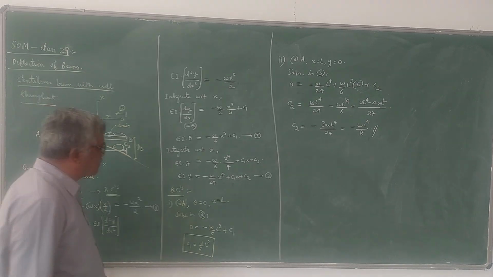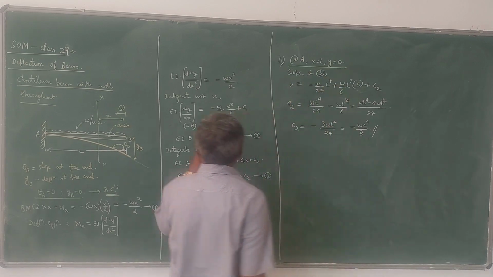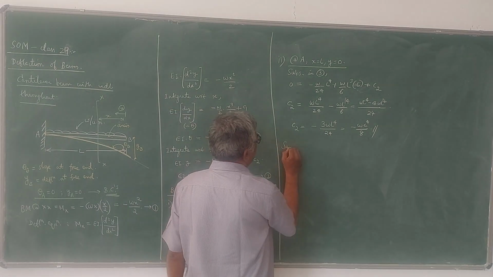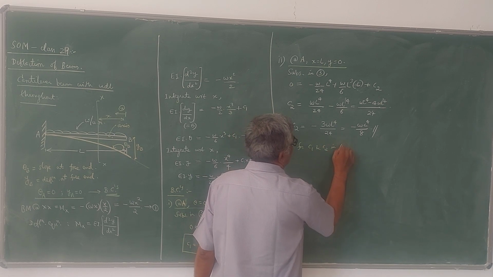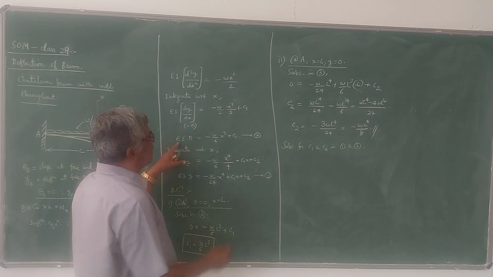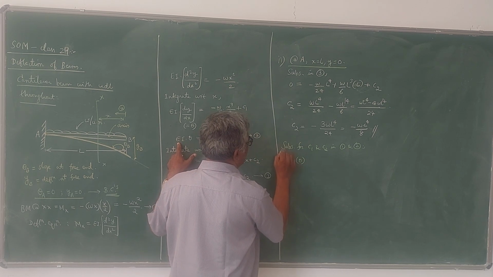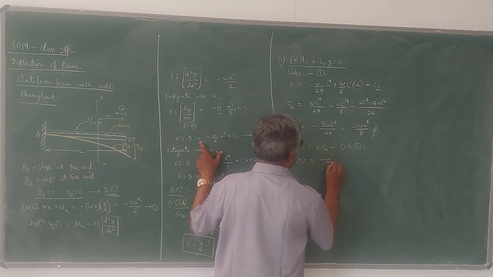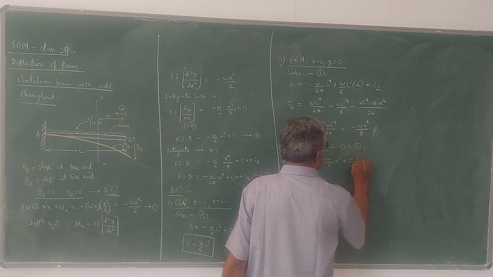Now I will substitute for C1 and C2 in equations 2 and 3 to get the final slope and deflection equations. So substituting in equation 2, EI into theta is equal to minus W by 6 x cube plus C1, that is plus W by 6 L cube.